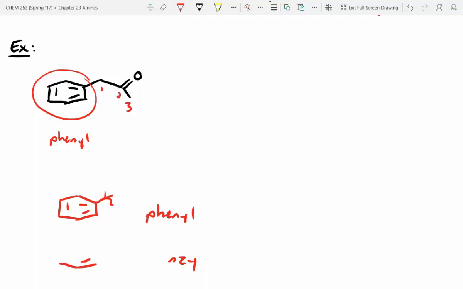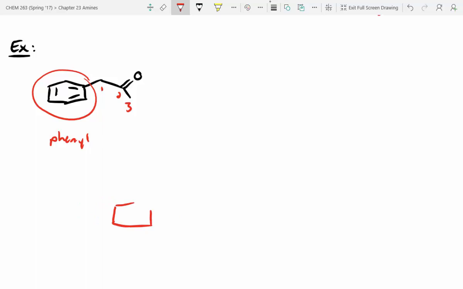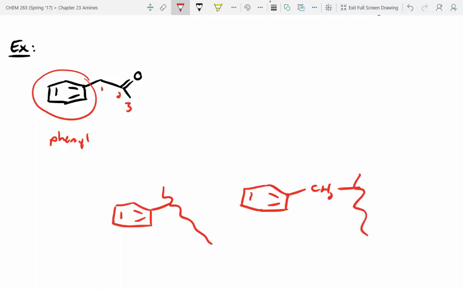Okay, so now let's name this. A phenyl group is when you have an aromatic ring like a benzene coming directly off of some sort of backbone, right? A benzyl group is when you've got this CH2 spacer and then a backbone. So this would be a benzyl substituent, this entire thing.